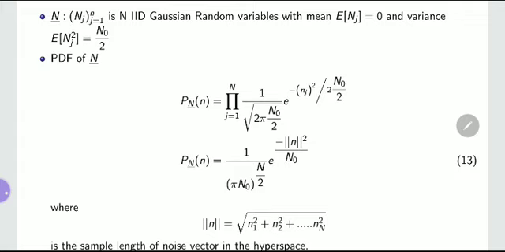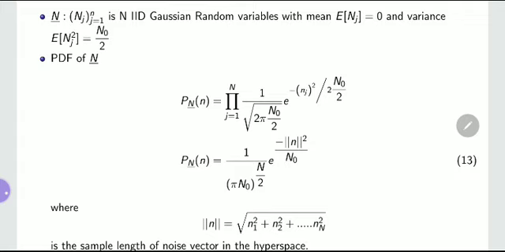So it is called IID Gaussian random variables, which means independent and identically distributed Gaussian random variables. Each has a mean E of nj equal to 0 and variance E of nj square, which is equal to n0 by 2. So that n0 by 2 we get from the covariance.